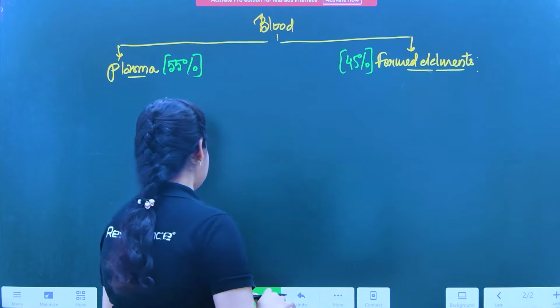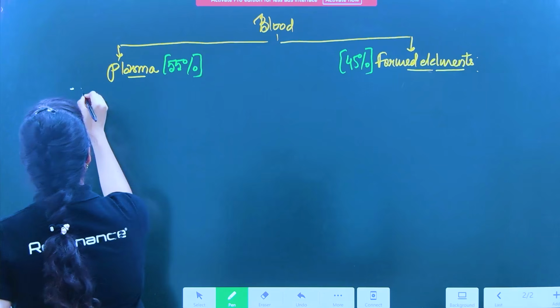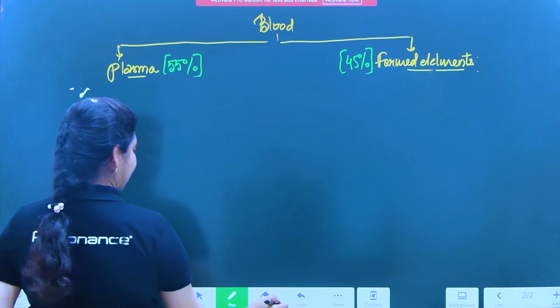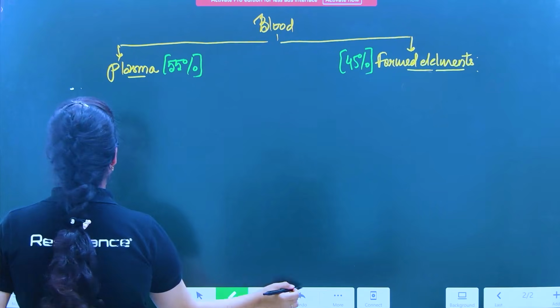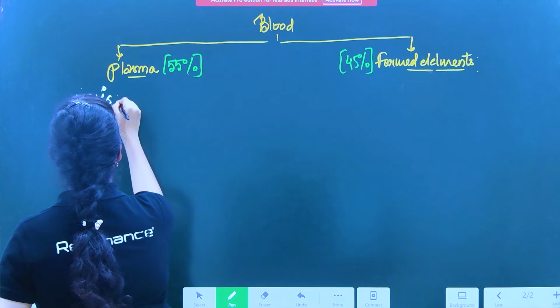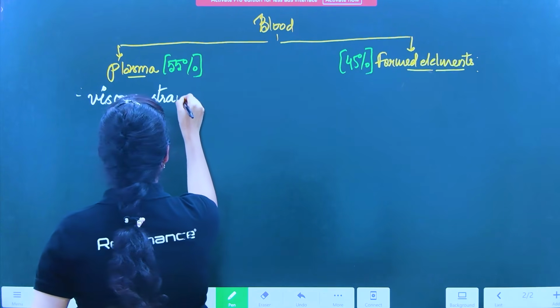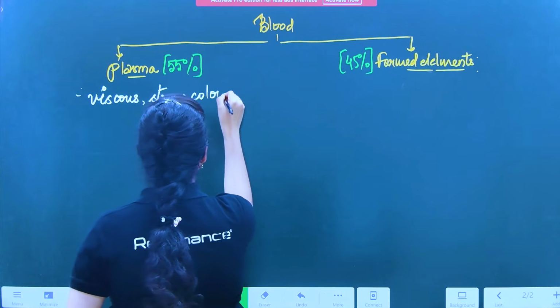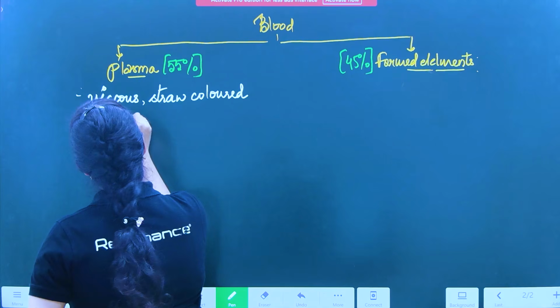Now, what exactly is this plasma? Plasma is an alkaline, viscous, straw colored fluid.